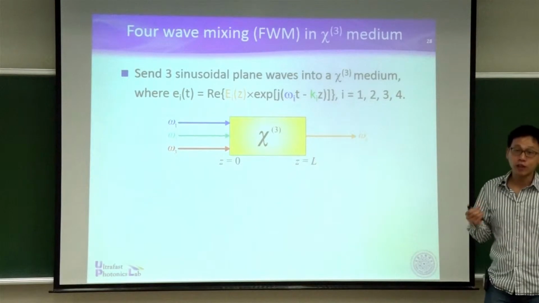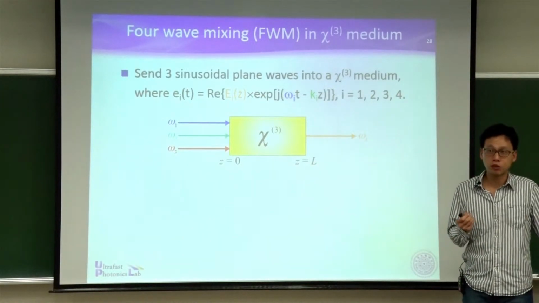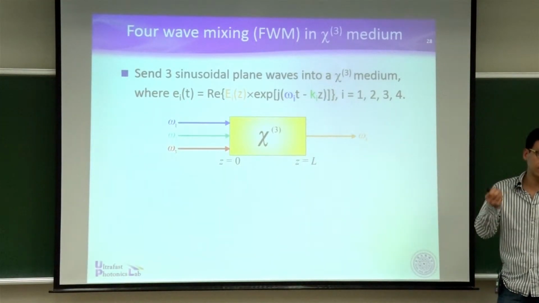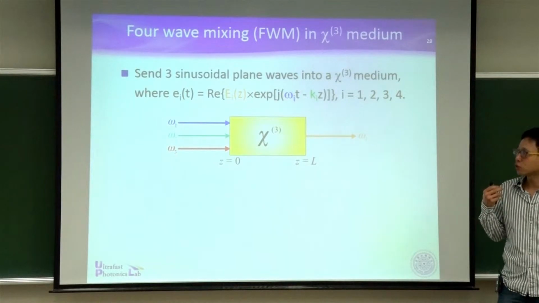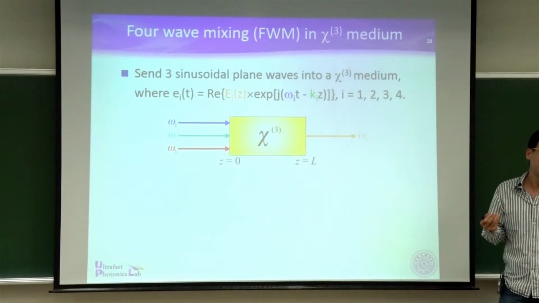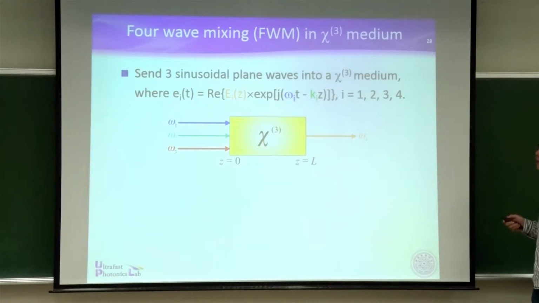Instead of just writing down the formula of the optical Kerr effect, which is very easy, index change equals n2 coefficient times light intensity, I would like to show you why that is. So let's check the model of four-wave mixing.